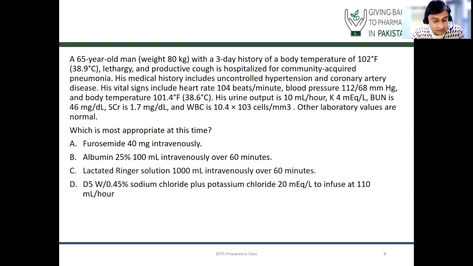There are various studies that have shown, when we compare albumin with saline, or colloids with crystalloids, that colloids don't have a mortality benefit. So this puts them down the line. So in this case, lactated Ringer, which is option C, is the right option.